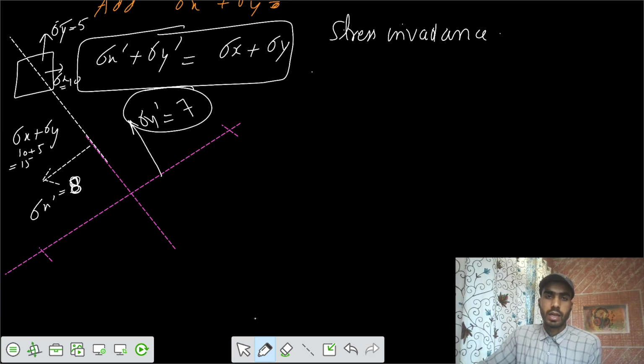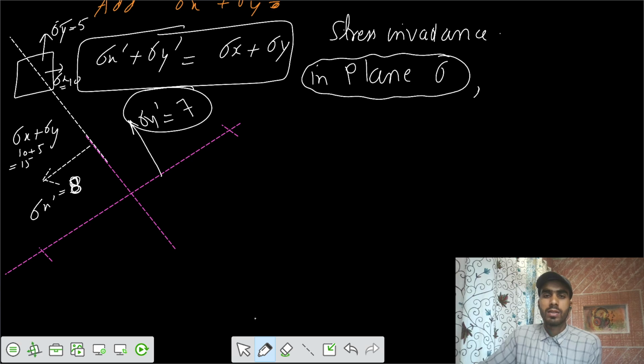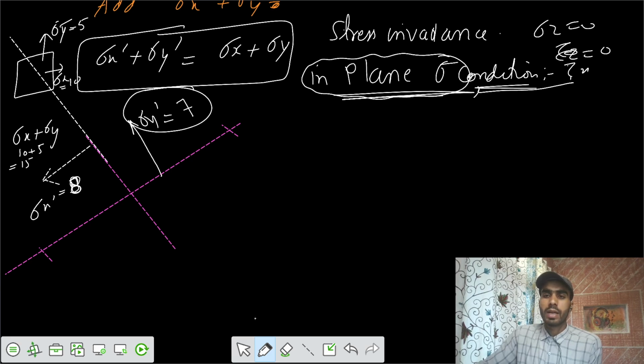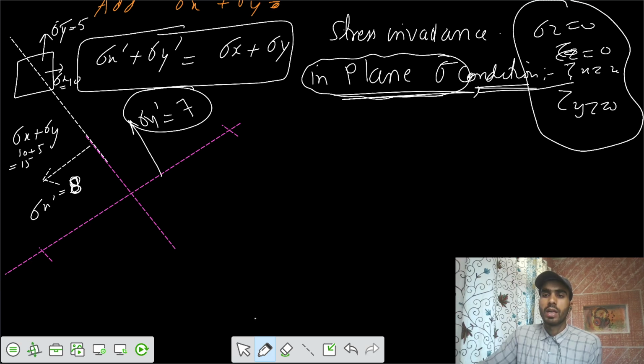That we can write for plane stress. It's valid. We have studied all this derivation for the plane stress condition, where sigma z is 0, tau xz is 0, and tau yz is 0. These three are 0. Then we say that the summation of normal stresses on a cubic element of material is independent of the orientation of the element.